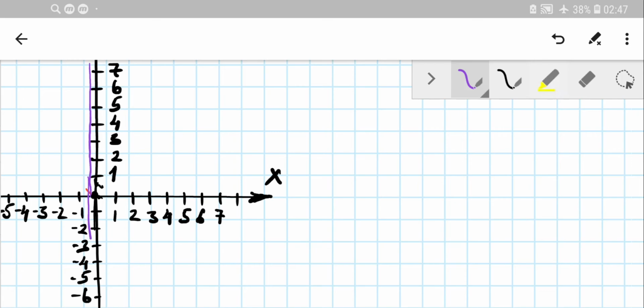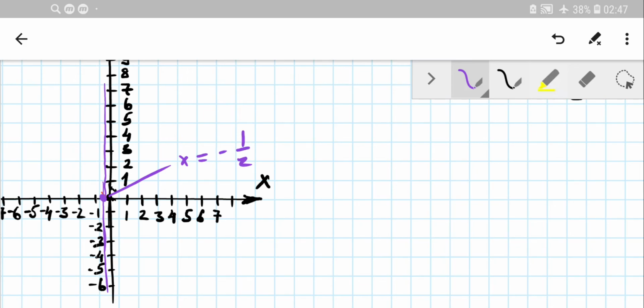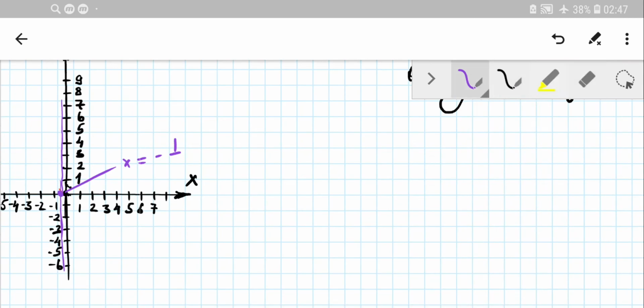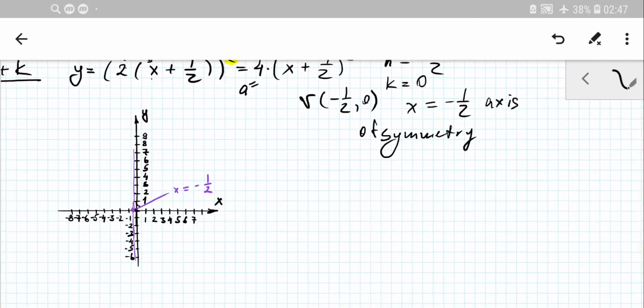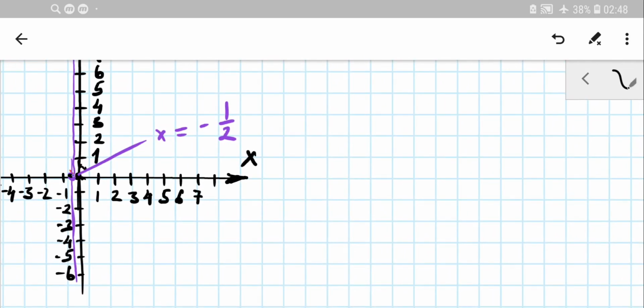It goes somewhere here, through the point x equals negative 1 over 2. This is the axis of symmetry for our parabola. And now we just need to put the vertex. So the vertex is exactly here. That's the vertex with coordinates negative 1 over 2 and 0.